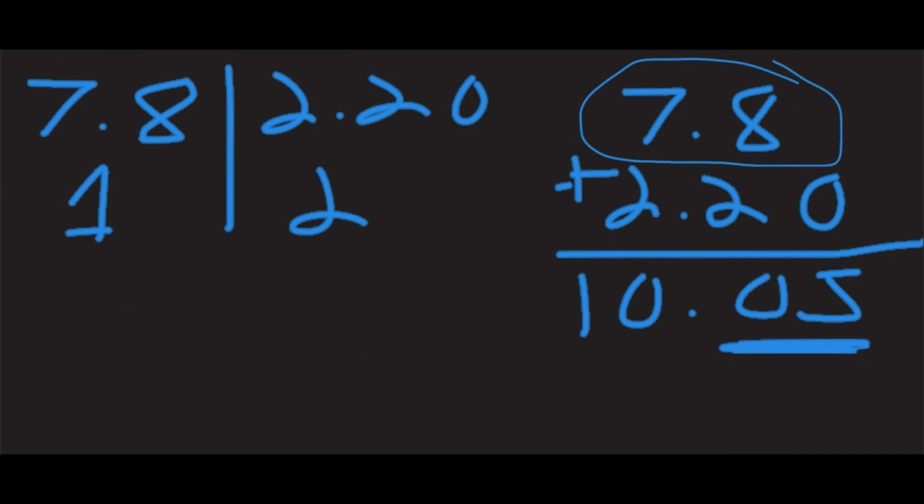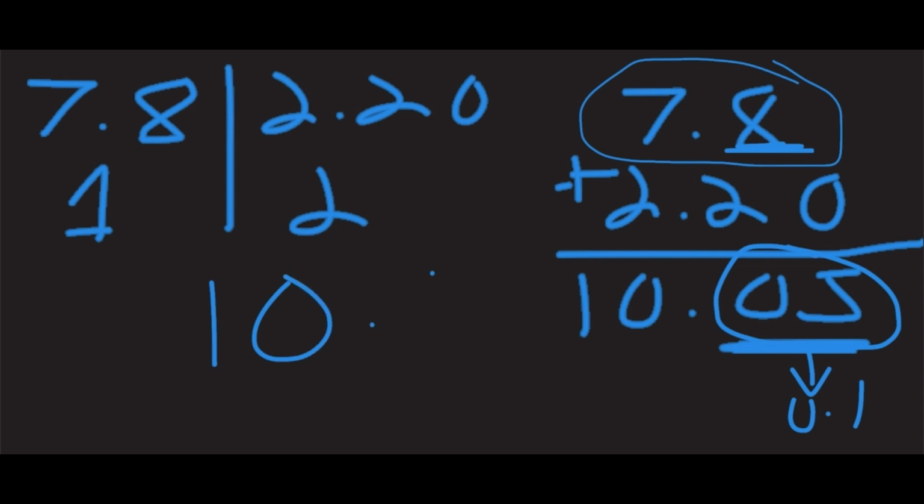Because of this, we need to round this 10.05 to be consistent with the 0.8 up here, which is one decimal place. So to do that, this 0.05 would then go to 0.1. So then your final answer for the total distance traveled between these two trips would be 10.1.